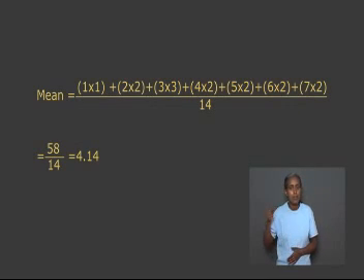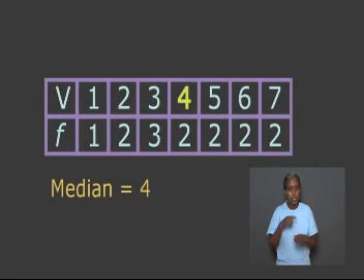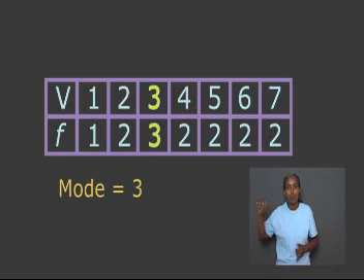The mean is 4.14. The median is 4, since it is the midpoint of the data. And finally, the mode is 3, since it has the highest frequency of occurrences.